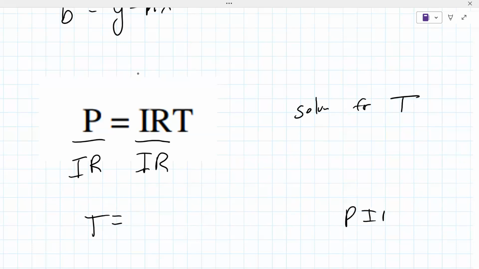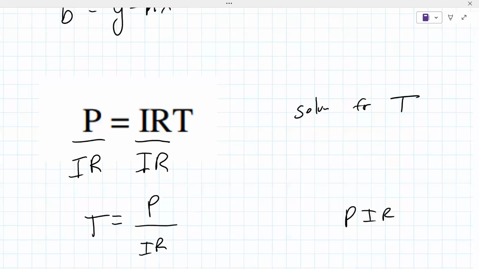Here's what you said, I don't think you meant that. Can you divide them? No, you just show it as division. So you'd have to say P over I R, something like that.